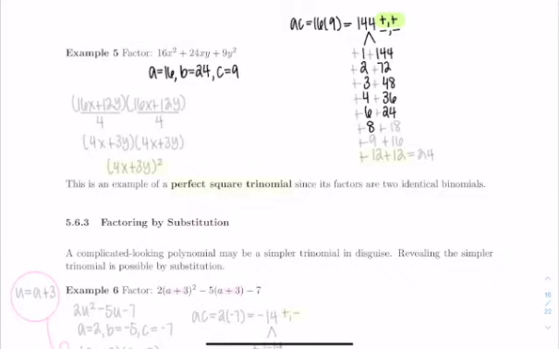Eight and 18. 9 and 16. And 12 and 12. Now, because this is two positives, which combo is going to get me to 24, which was B? The 12 and the 12 will get me to the positive 24 that I'm looking for.